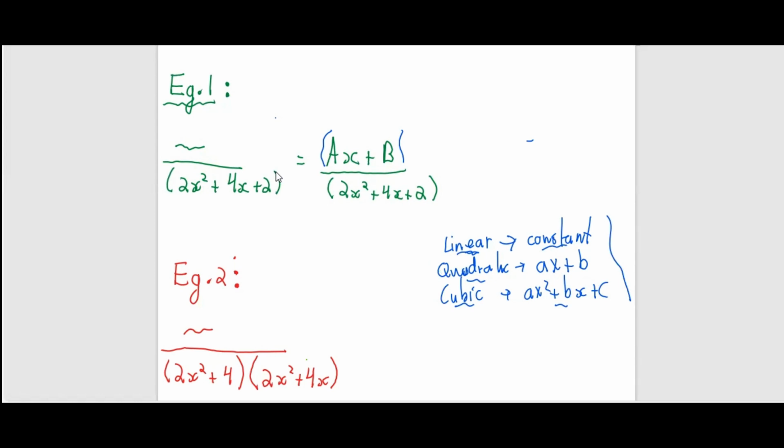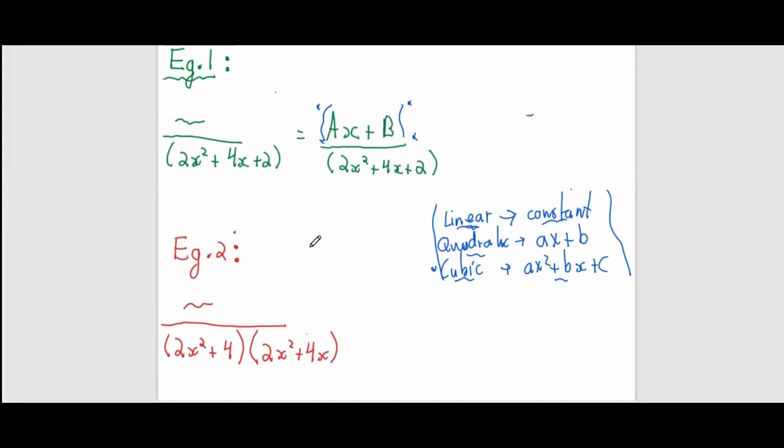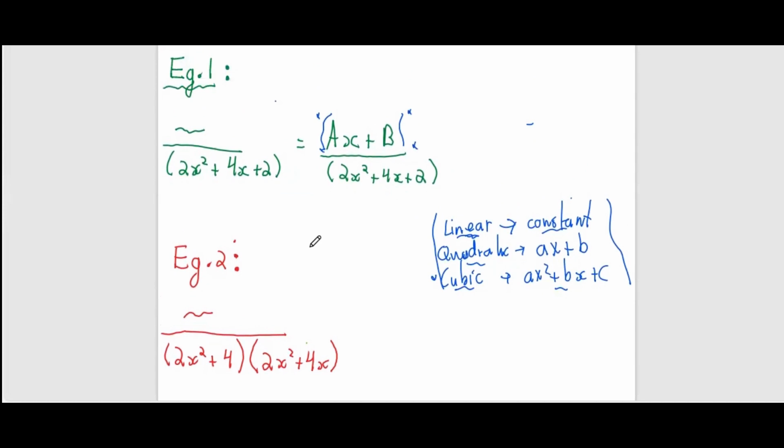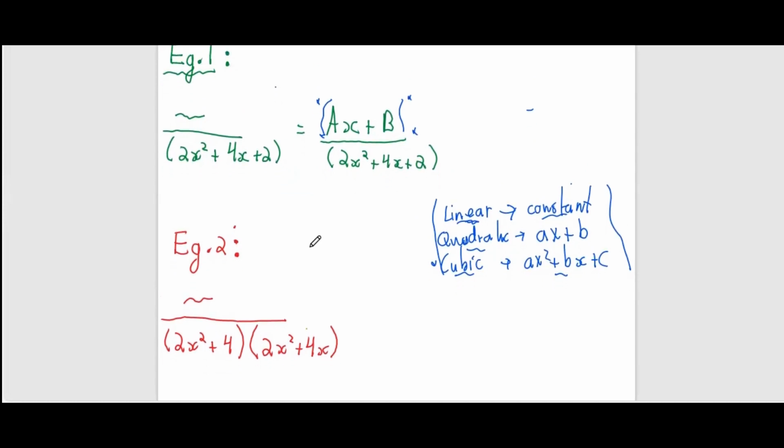So for linear it's a constant, for a quadratic it would be ax plus b, and for a cubic, which is rare to see, it will be ax squared plus bx plus c in the numerator. Let's be careful with that. For a quadratic, the numerator, when you're writing it in the partial fraction form, is ax plus b.